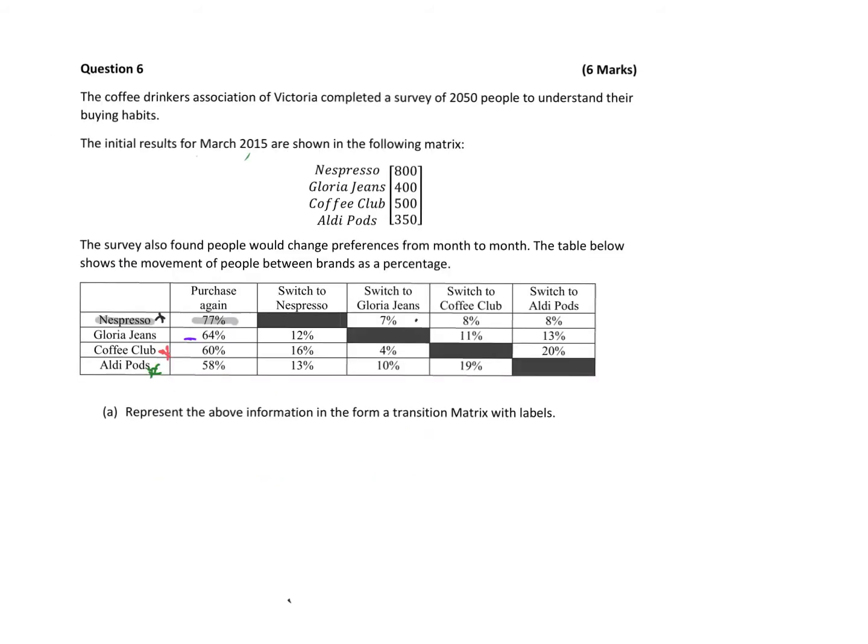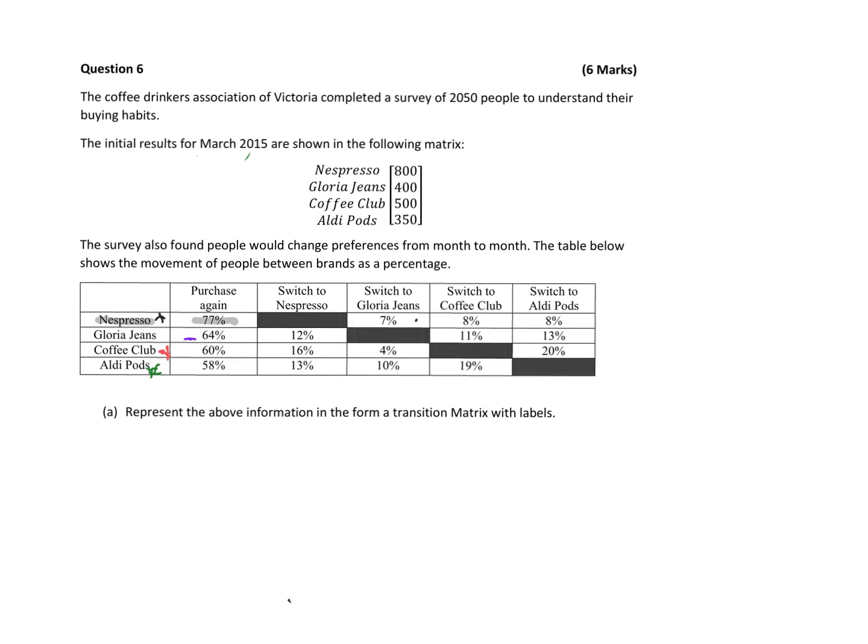All right, with this next one, the Coffee Drinkers Association of Victoria completed a survey of 2,050 people to understand their buying habits. The initial results for March 2015 are shown, and then the survey found that people change their preferences from month to month, and that's shown down here.